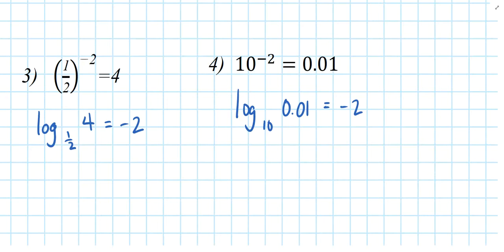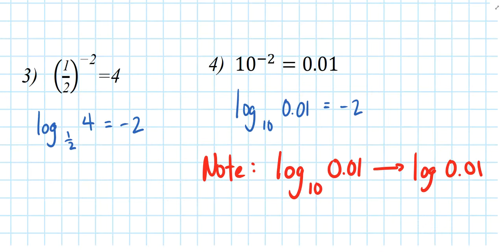It would be logarithm base 10 of 0.01 is equal to negative 2. Please note that logarithms with a base of 10 will often be written without the base number specified, but rather implied.